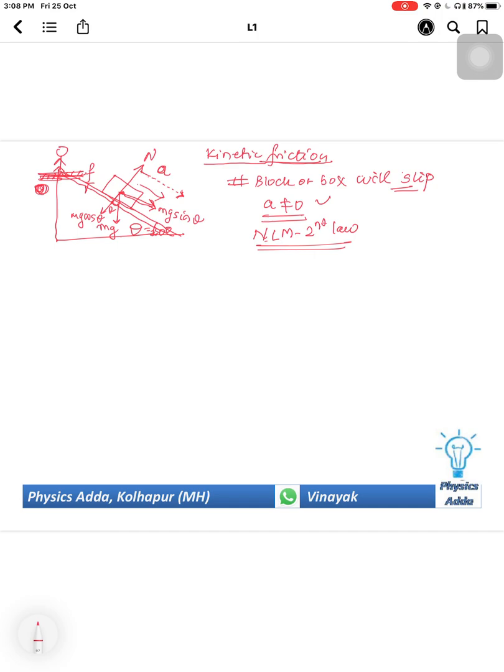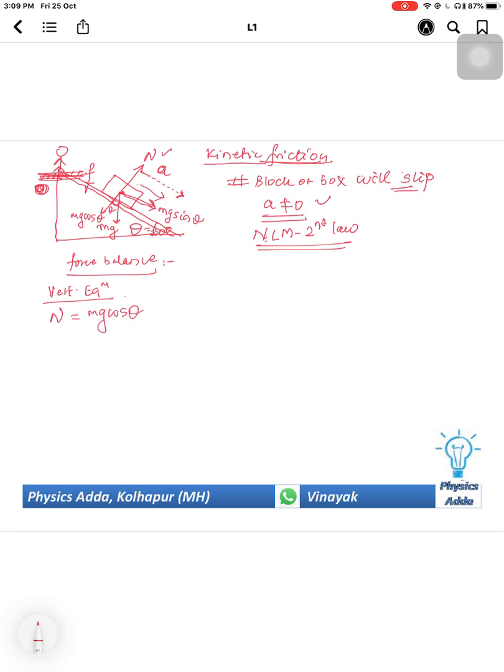So here, if I am taking force balance, if I am taking vertical equilibrium, this N will be what? N will be mg cos theta.